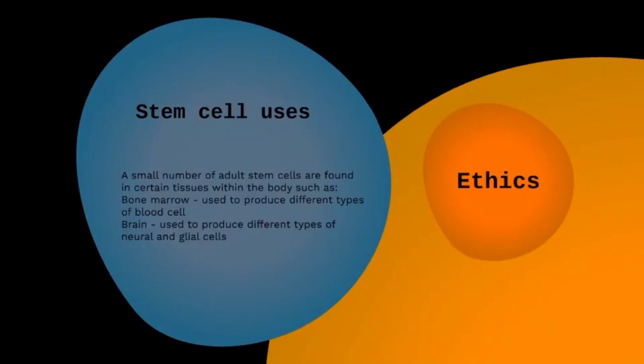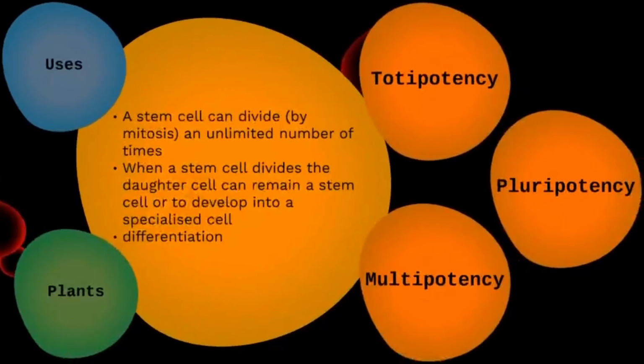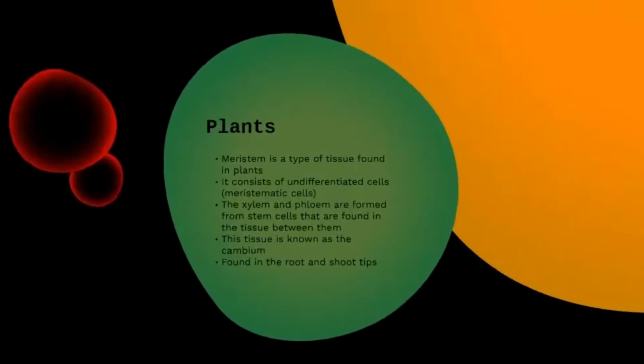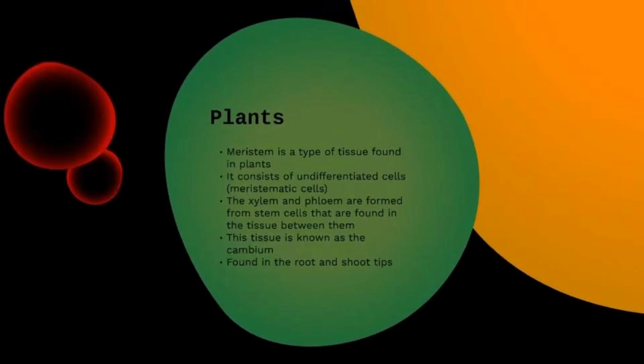And then finally, plants also have stem cells, and we call this meristem. It consists of undifferentiated cells, and these are normally found in the tissue between the xylem and the phloem. Again, we're going to talk about plant structure later on, but this is a bit of an introduction.